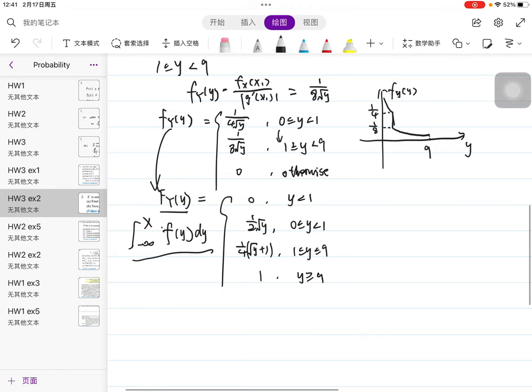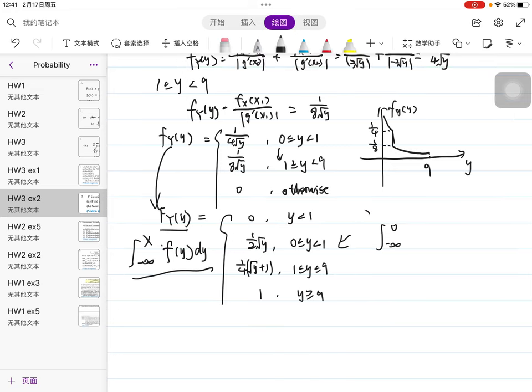So for example, when y belongs to 0 and 1, it is the integral from minus infinity to 0, which is 0 here, plus from 0 to y. Here y is between 0 and 1. And we take it here.